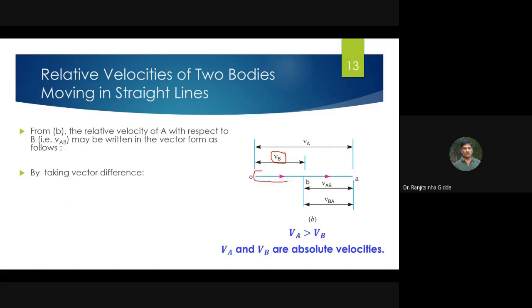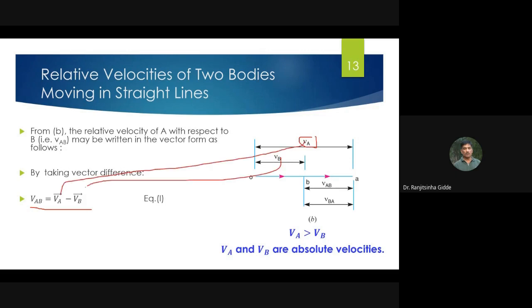So that is indicated by this OB. Now, how can we write? Just by taking the vector difference. So VAB is equal to vector VA minus vector VB. This is equation 1. So VA, this we have written here, and VB, this we have written here.